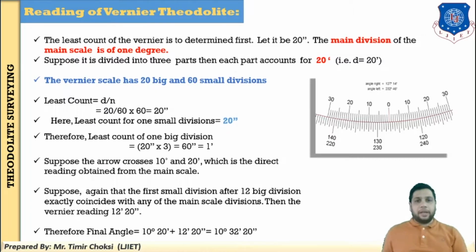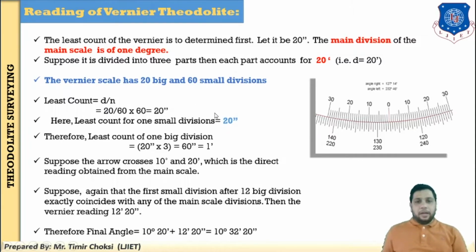Similarly, in the vernier scale, one part is 20 seconds. So in the main scale, the big division is 1 degree, and in the vernier scale, the big division is 1 minute. This is all about the reading of the vernier theodolite, how to take the reading from it.